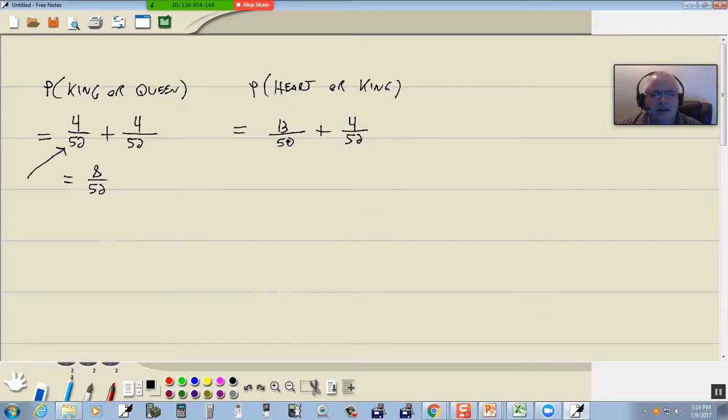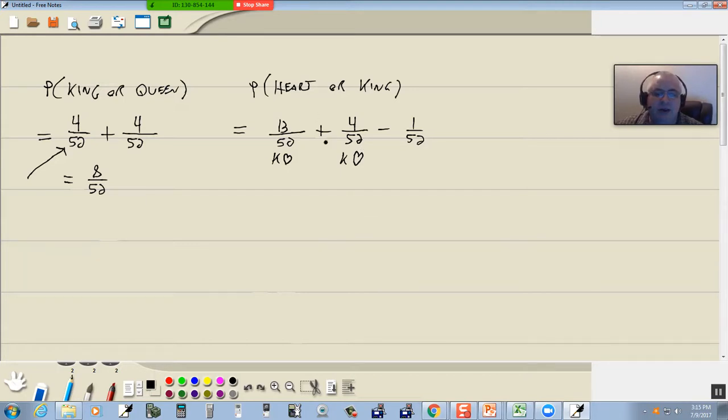We're looking at this can be a heart or a king. Well, here we counted the king of hearts. And here we counted the king of hearts. So we counted the king of hearts twice. So we had to subtract off 1 out of 52. So sometimes you have to do an adjustment if you count more than once.